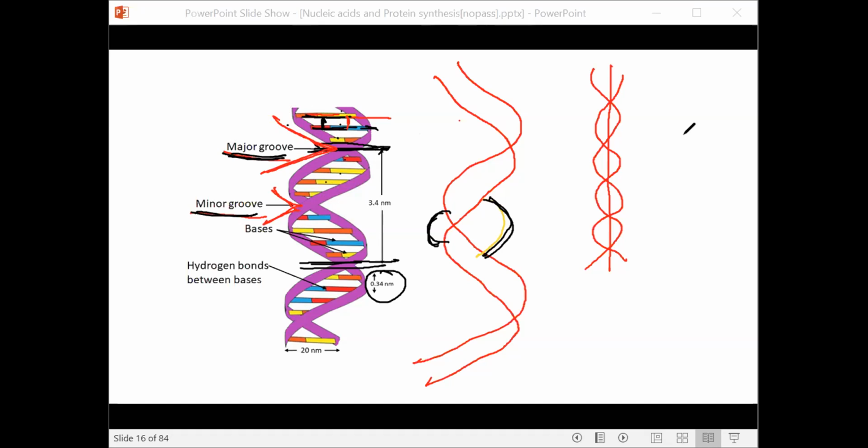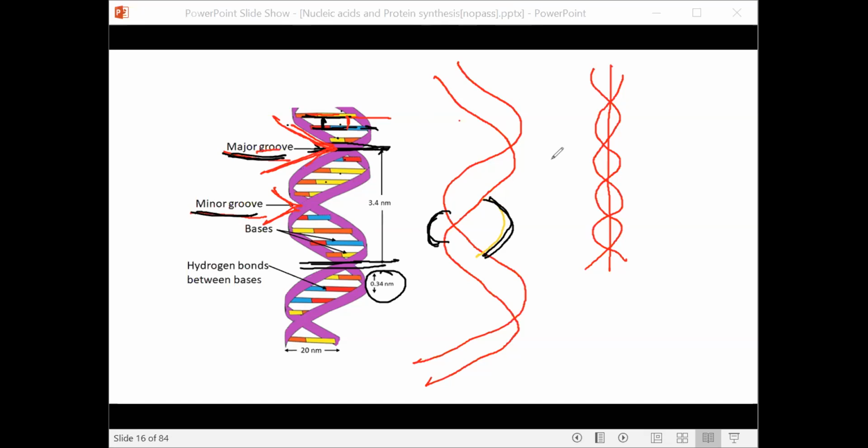Basically, it is a gap only, but we call it a groove so that it becomes an anchor for attachment of proteins and other structures binding to it. Also, it folds in such a fashion for stability. There is a phosphate, there is a sugar and all. It folds in this pattern for stability.